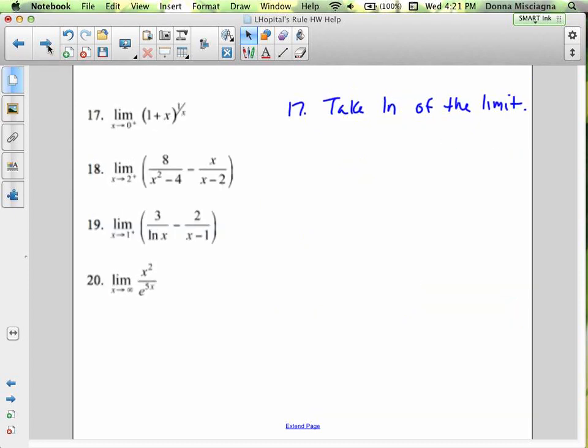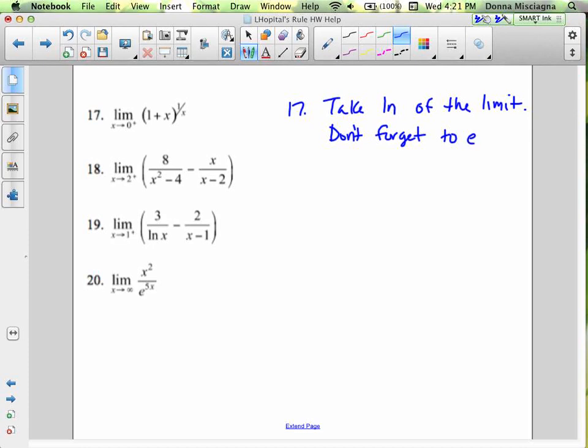And so if you take a natural log of the limit, you have to then exponentiate. After you take the natural log of the limit and you find your limit, don't forget to exponentiate afterwards. So it's going to be e to the limit will be your actual limit.